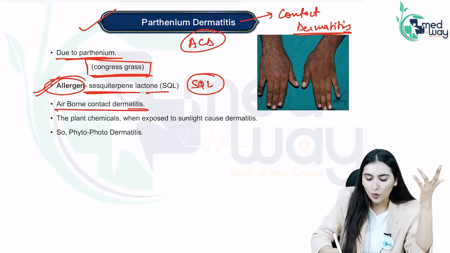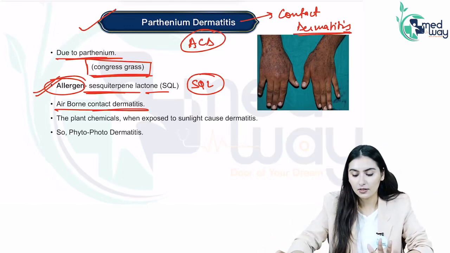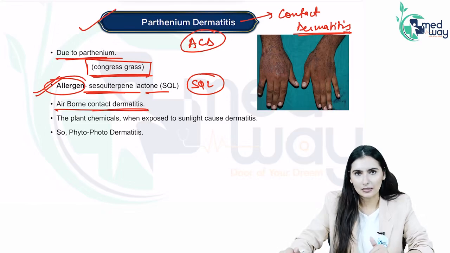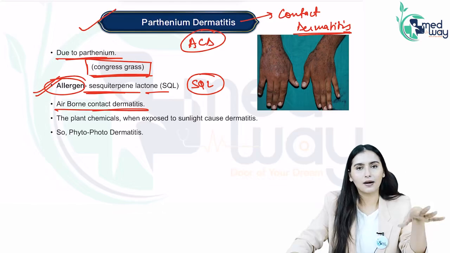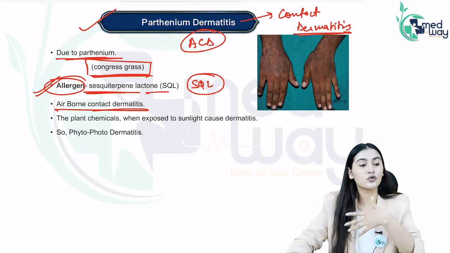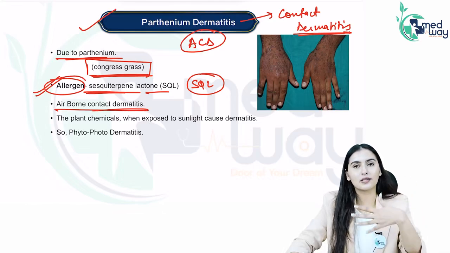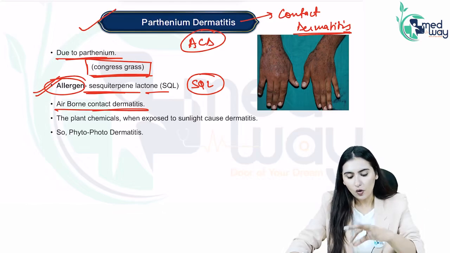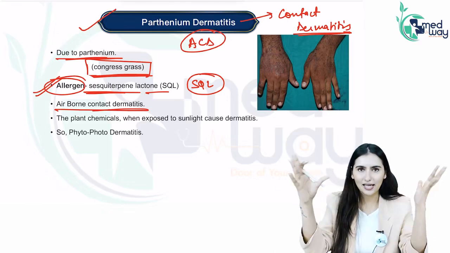Why is this an airborne contact dermatitis? See, what happens sometimes, not sometimes, a lot of times, we have patients that come to us and around the house, this just grows. Nobody plants Parthenium. It is wild, it just grows by itself. So around their house, they have this Congress grass growing. The small seeds of this Congress grass just completely fly in the air.